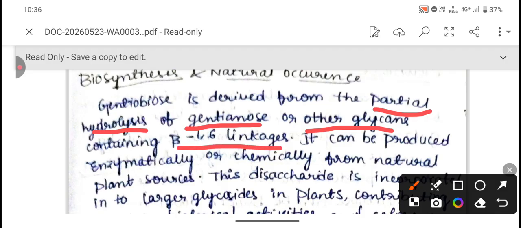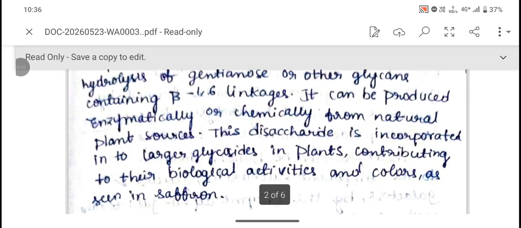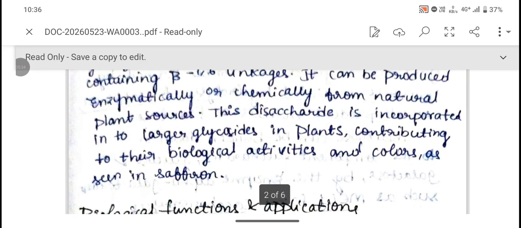It can be produced enzymatically or chemically from natural plant sources, as it is present in plants as well. This disaccharide is incorporated into larger glycosides in plants, contributing to their biological activities and colors, as seen in saffron.